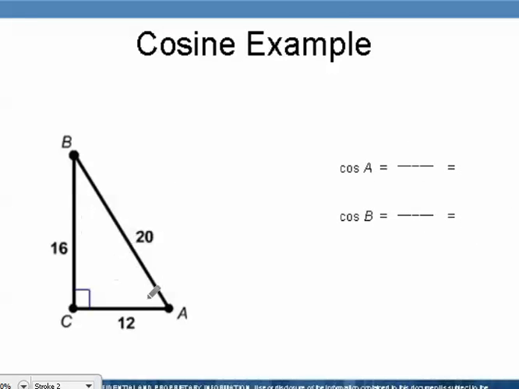If I'm wanting the cosine of angle A, it's going to be the adjacent divided by the hypotenuse. That's going to be 12 divided by 20, 0.6. If I'm wanting the cosine of angle B, that's going to be 16 divided by 20, 0.8. Okay? You want to see those done on a calculator.